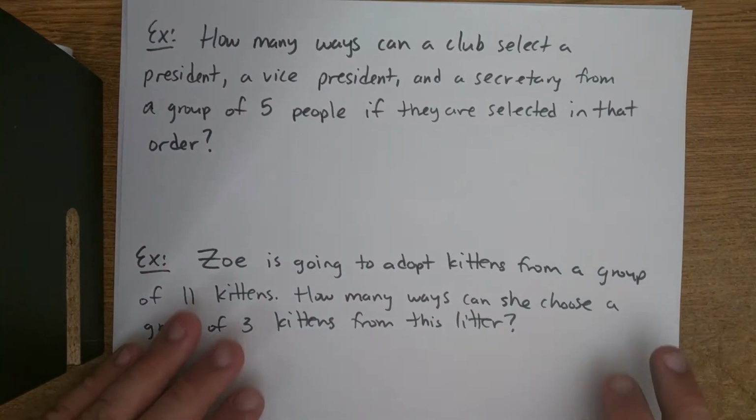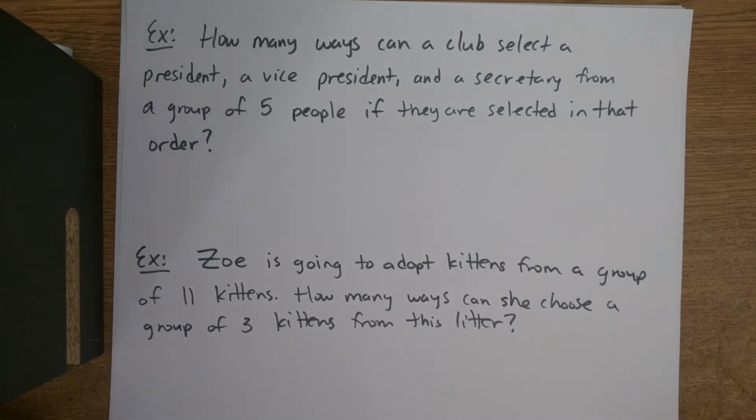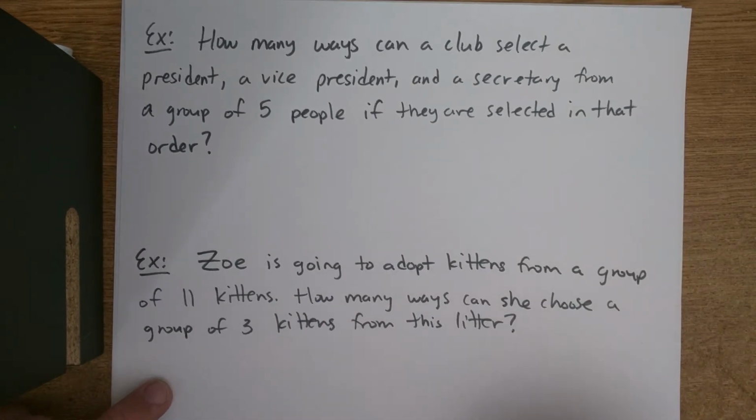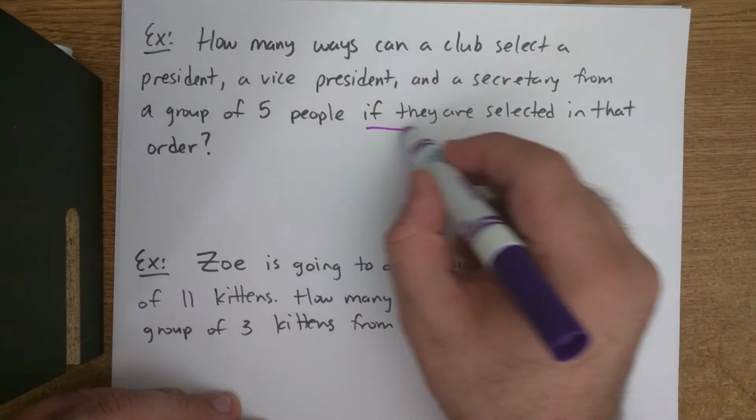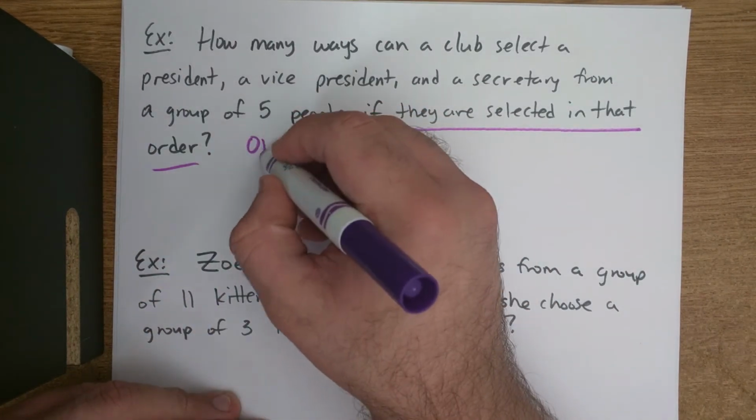Here we go. All right. Example. How many ways can a club select a president, a vice president, and a secretary from a group of 5 people if they are selected in that order? The first question you should ask yourself when doing permutation and combination problems is, does order matter? If you read right here, it says if they are selected in that order. So guess what?